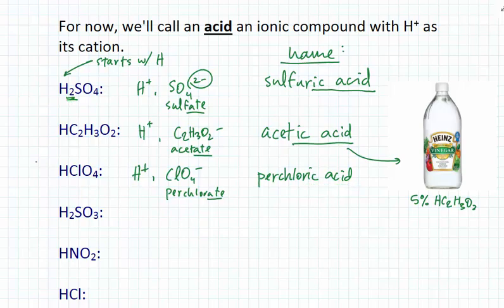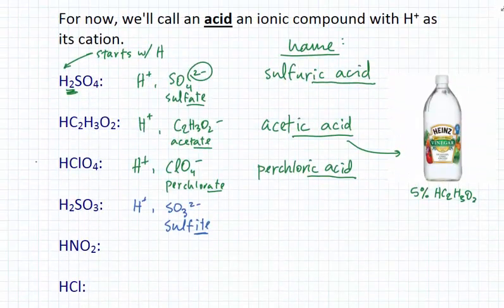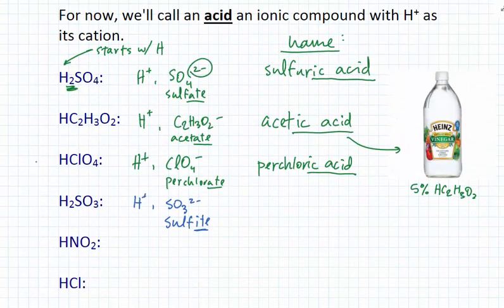If it is not an ate, however, like H plus and SO3, SO4 with sulfate, SO3 with 1 fewer oxygen is sulfite. And according to our reference here, ites are an ous acid. So instead of sulfuric acid, it is sulfurous.